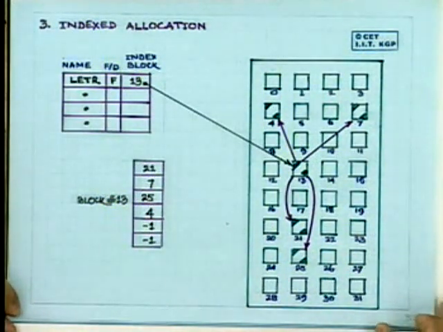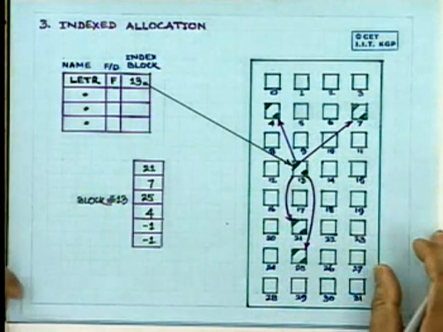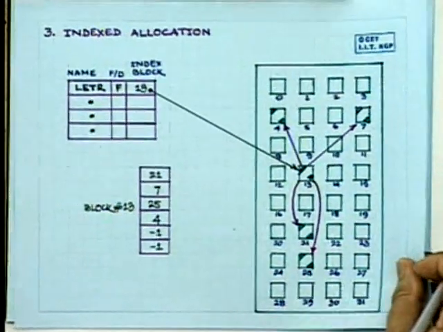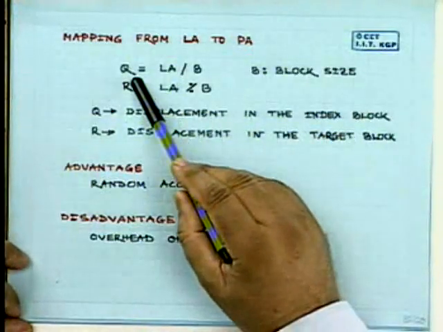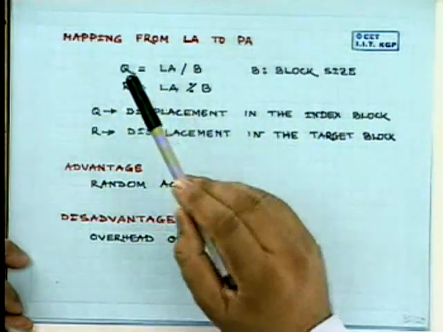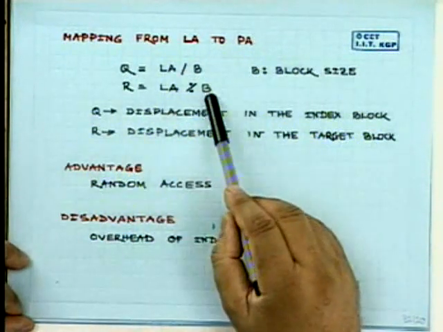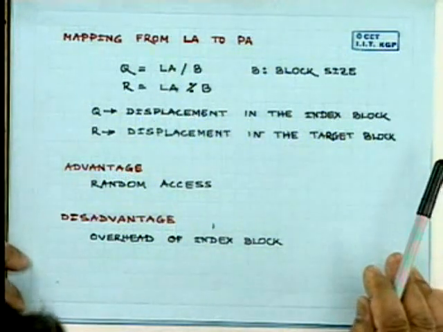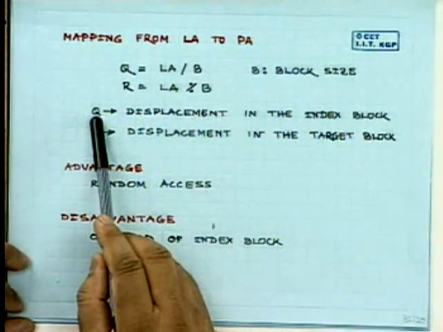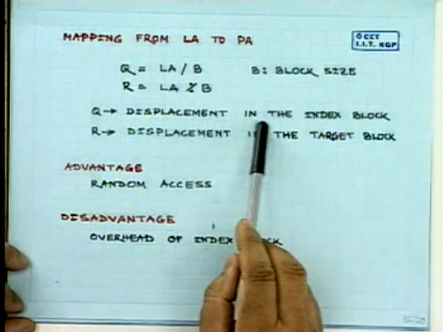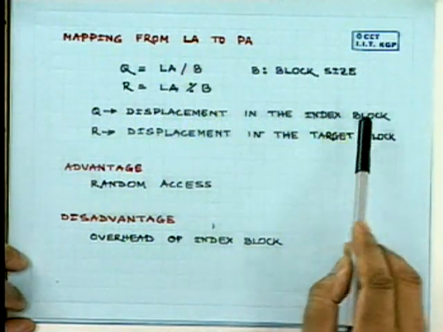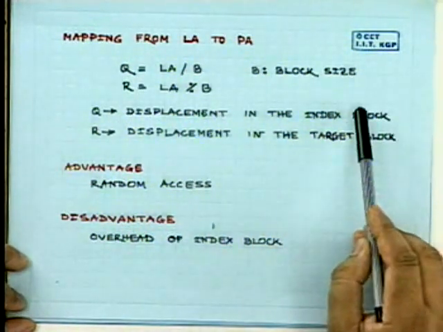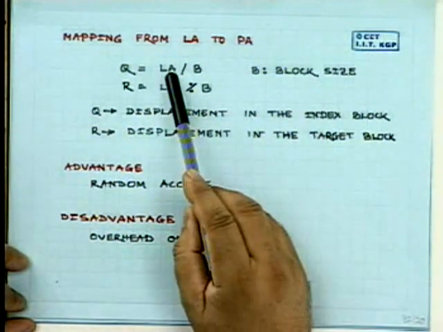Now you see, under such a situation, what should be the mapping? Once more, what we do is compute the quotient and the remainder, B being the block size and LA being the logical address. In that case, Q will give the displacement in the index block, which will be pointing to the physical block where that particular logical address will exist.